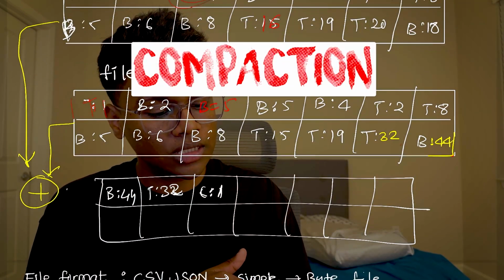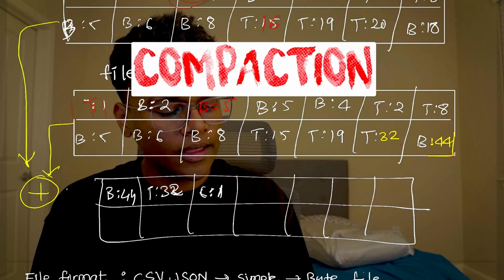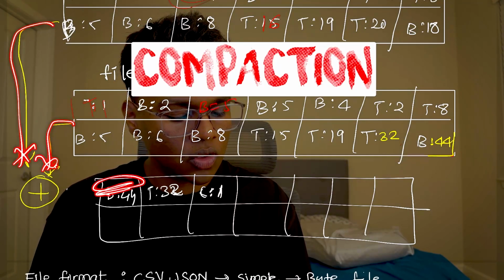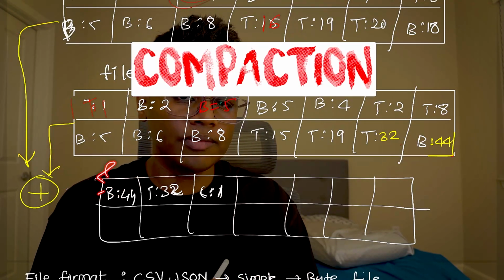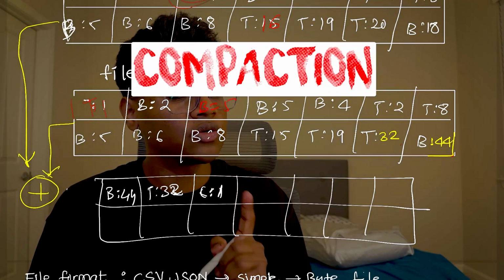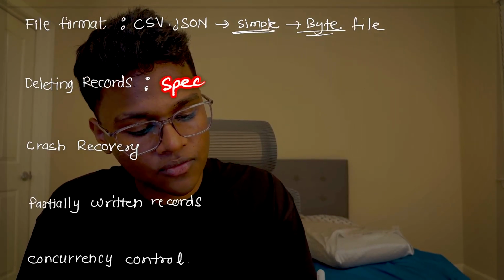So let's say we deleted the entry B. How should we update the merging strategy to ignore all of the B values? How will we update it? Okay, so we need to add one more piece of logic to this deletion logic, which we will call a special file.